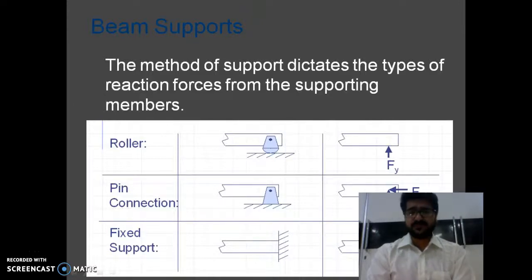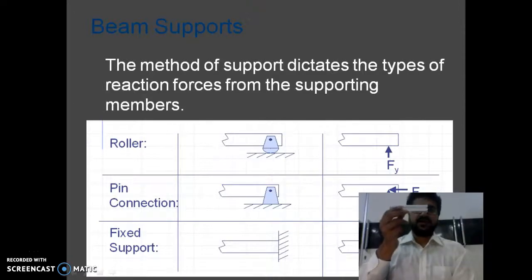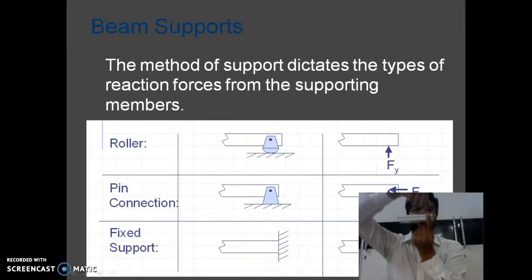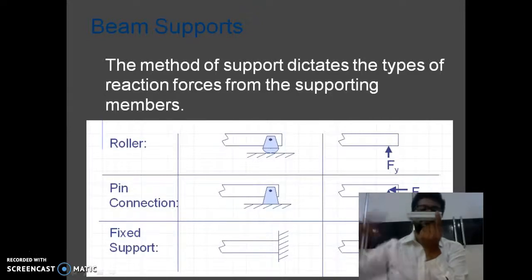Coming to the next support, the hinged support, it is more advanced than the roller support as it can give reaction in all the directions but cannot stop rotation. For example, I take the same object and hold it in my hand like this. If I apply a vertical load, it does not go downward, it is resisted by a reaction in the vertical direction.